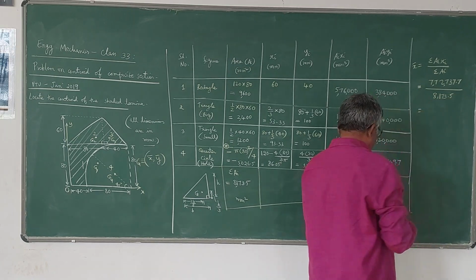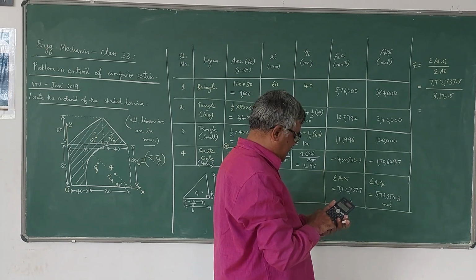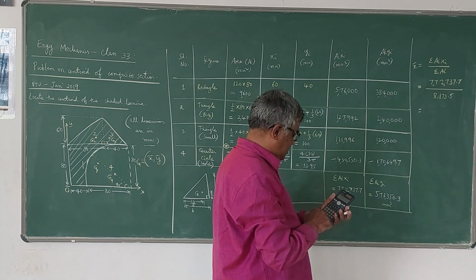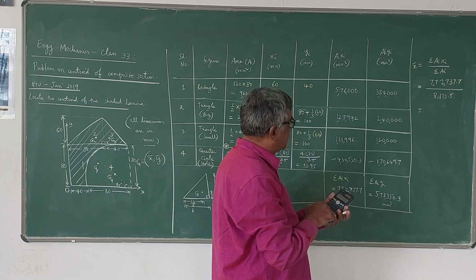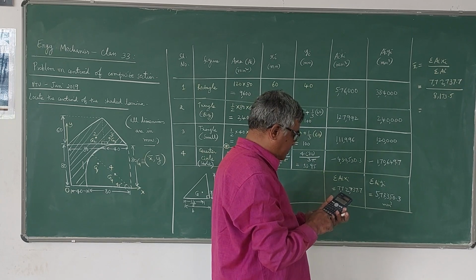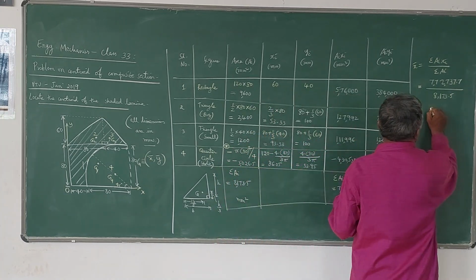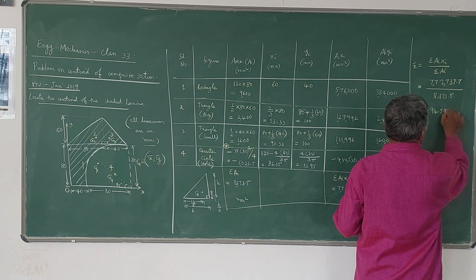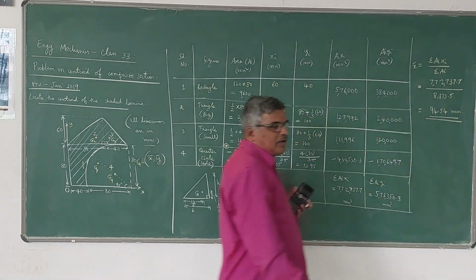So the value now becomes 737.7 divided by 8173.5, which is 94.54 millimeter. So this is the x bar value.